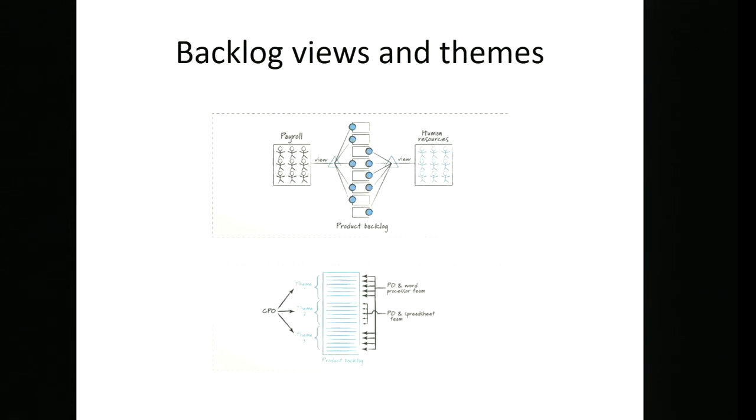In this one we've got a product backlog for something where it seems that there's some payroll involved and some human resources involved. And so this is actually the single product backlog in the middle, and the payroll team has a view of it which just sees relevant items for them, and the human resources team has a view where they only see relevant ones to them.